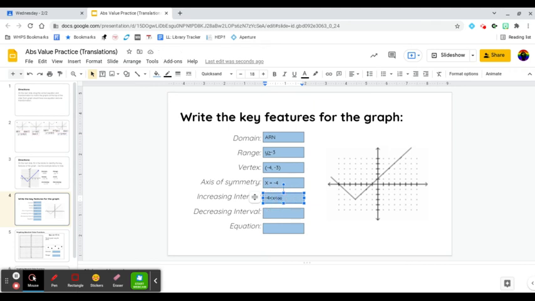Then the decreasing interval starts at -infinity until we get to -4. The start of this graph is decreasing, and the x values always start at -infinity.